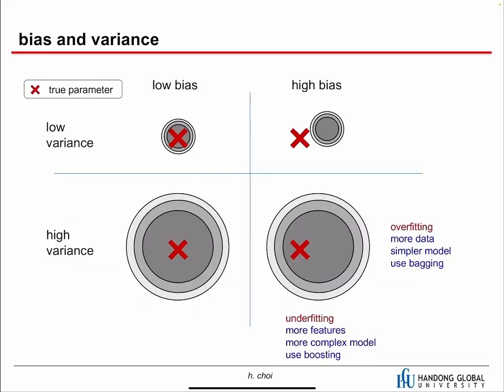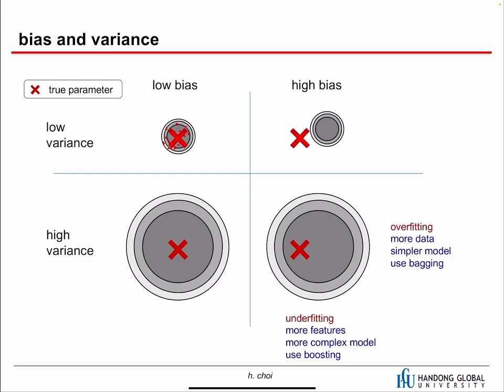And we can use another diagram to explain this bias and variance. Let's say this red cross is the true parameter. This is the truth. And when we estimate, the result is around here.